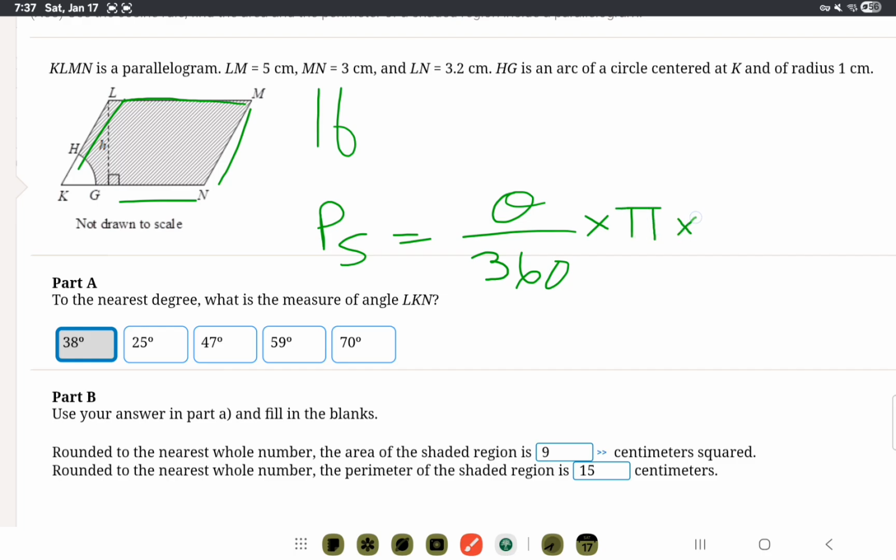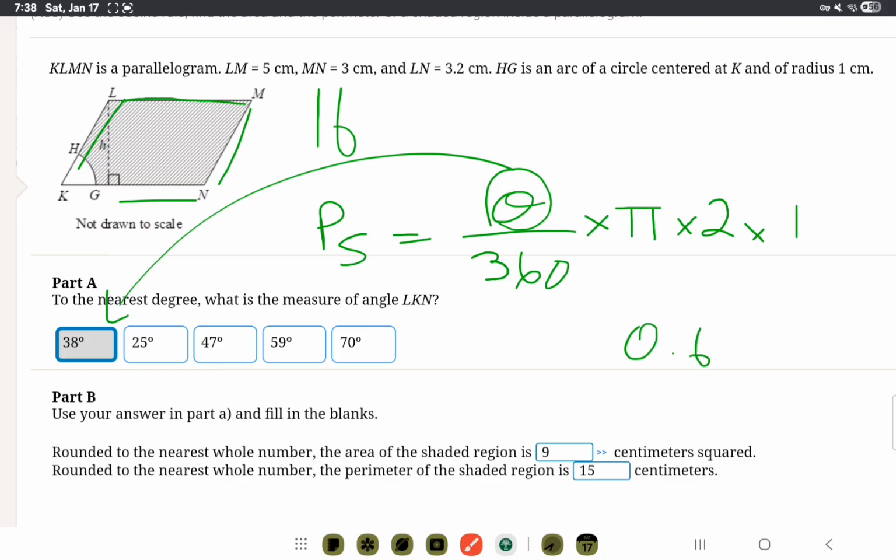So 38 over 360 times pi times 2 times 1. Once again it's very small, 0.6. So I'm going to do 16 minus that answer, and you get 15.3. Rounded, you get 15.